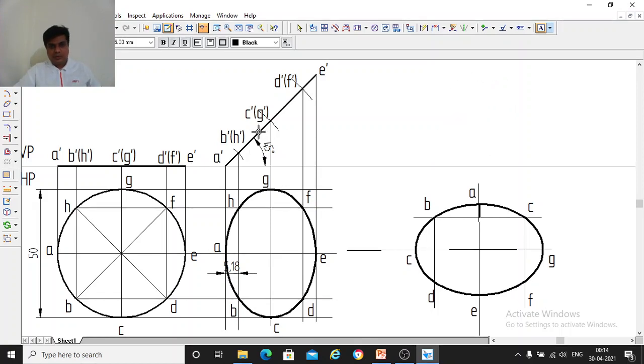So from all these points, you should draw the vertical projectors. So we will draw the projectors from all these points.